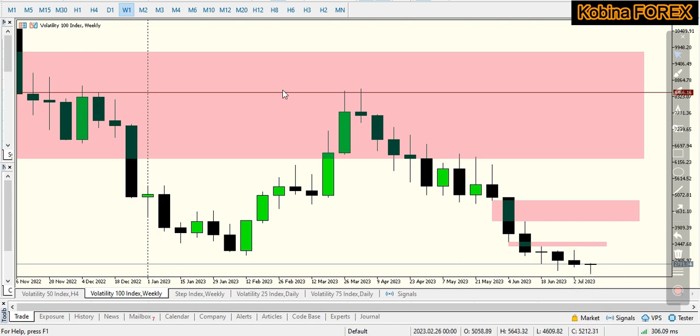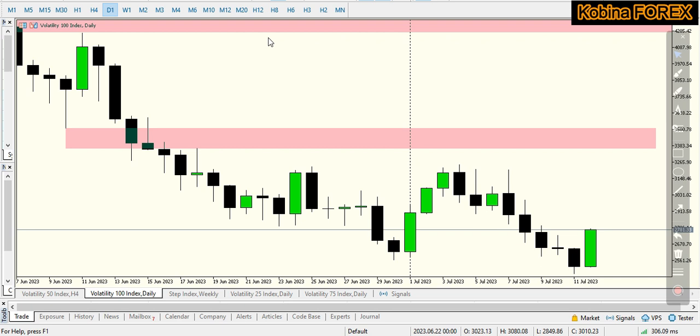All right, and then let's look at it on a smaller, daily time frame. That's Volatility 100. Let's look at it on the daily time frame. So what can you see on the daily time frame too? Price has swept the low resting below this point, and then it's beginning to push up. Push up to do what? To take down more liquidity. What can you see on the daily time frame? I can see beautifully here that there are two equal highs resting up here.